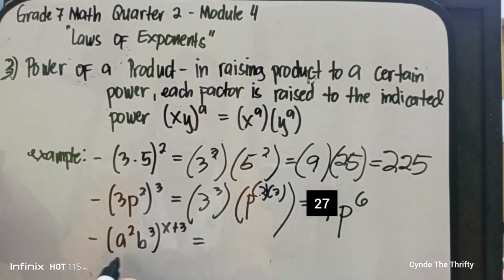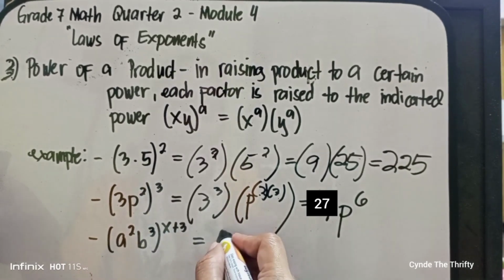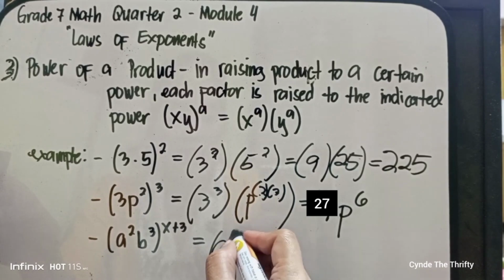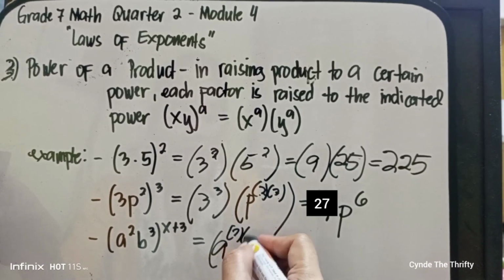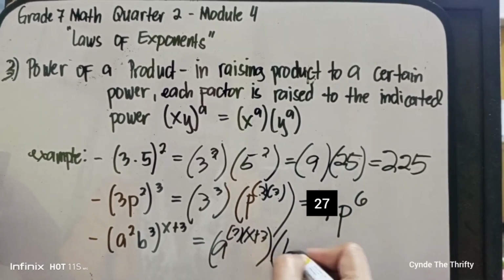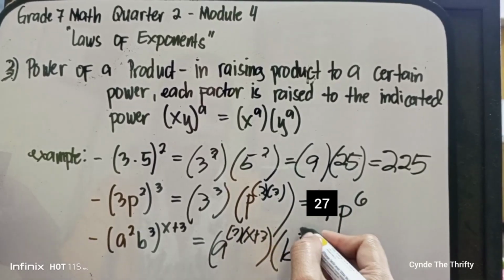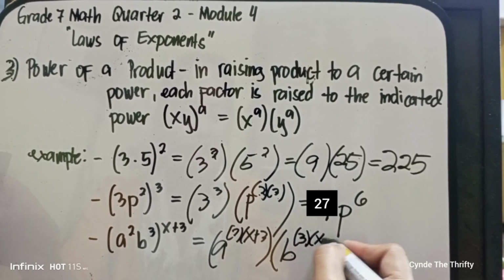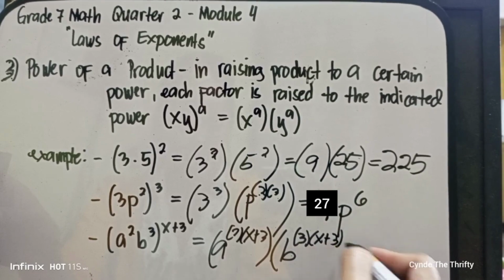Last example, a squared b cubed, raised to x plus 3. So, a squared raised to x plus 3, and then b cubed raised to x plus 3.